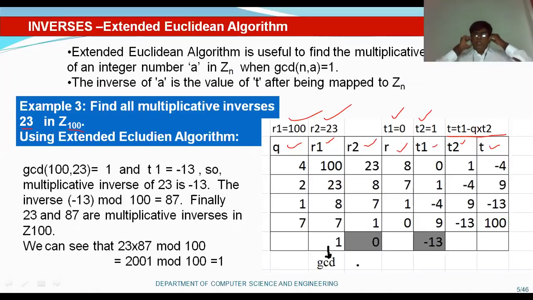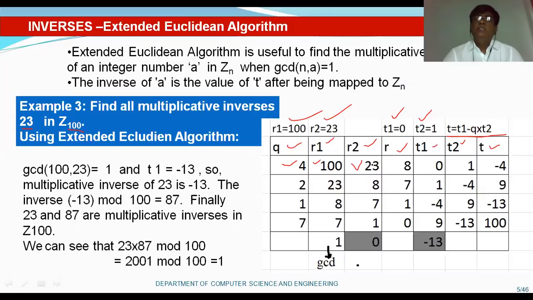So initial R1 is 100 and R2 is 23. How to get the Q value? How many times does 23 divide 100? It's 4 times. 23 times 4 is 92. The remainder after dividing 100 by 23 is 8.